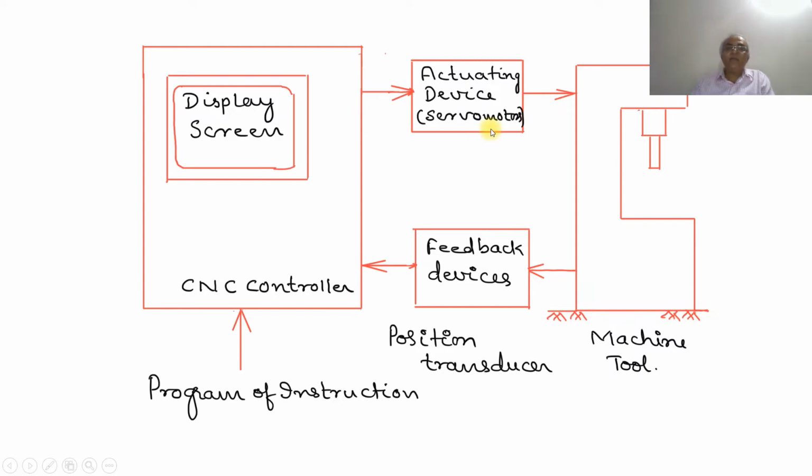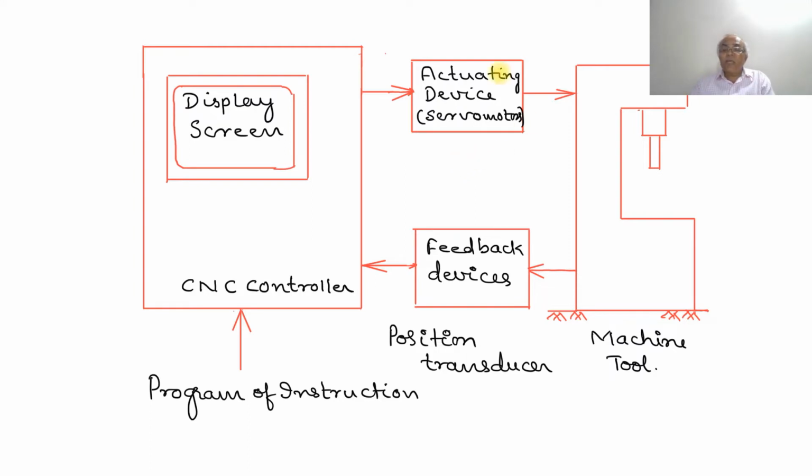If I give it like this, the moment it sees G01, X, Y and Z, G01 is the code used for movement of the table in linear motion. If I say X, it will move in the X direction. If you want to move it in Y, it will move in the Y direction. If you want to move it in the Z direction, you have the Z axis.